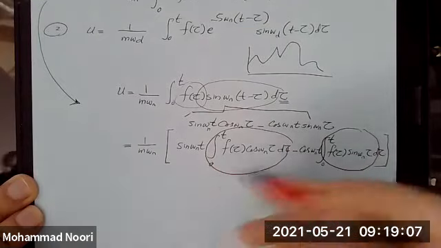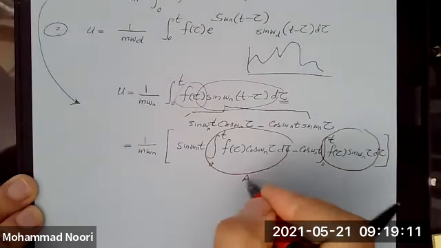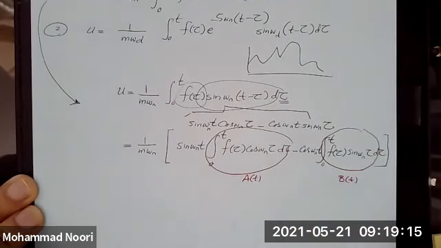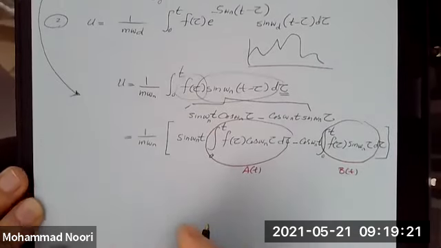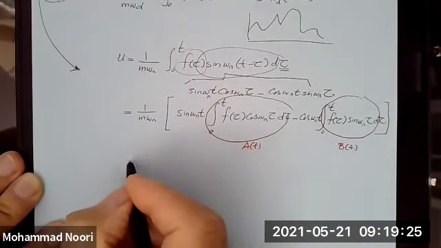When you perform those integrations, you end up with two time functions, A and B. Let's assume you can solve those.